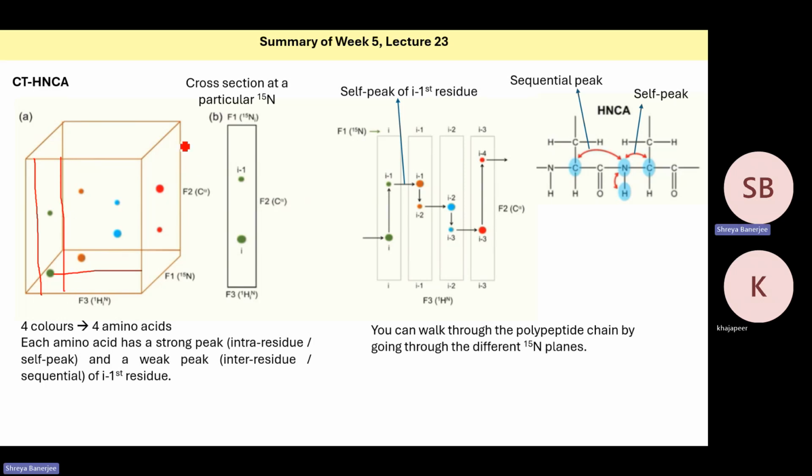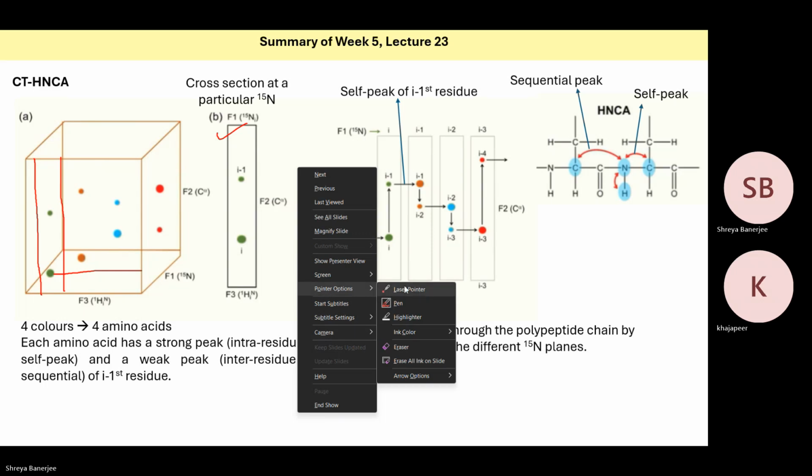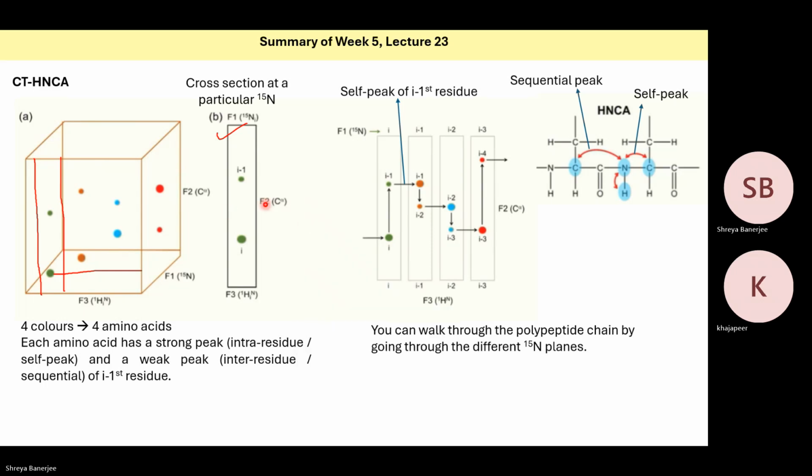When we take this cross section, which is shown here, the stronger peak will be the self peak, which we denote as I, and the weaker peak will be the previous peak, which we denote as I minus 1. Like this, we can correlate different cross sections. So suppose we start from this green peak.